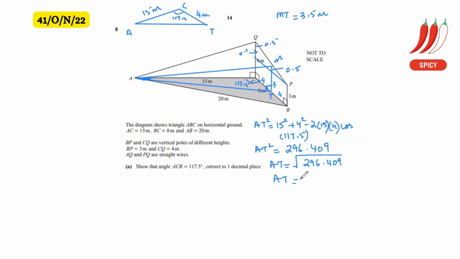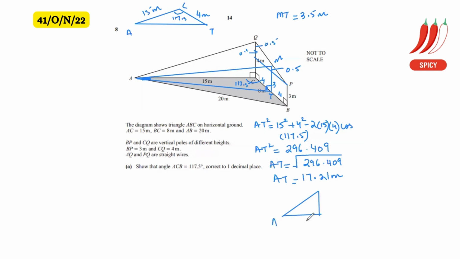and that gives us 17.21 meters. Now using 17.21 meters and the 3.5 meters, we can use this right angle triangle to find the angle. So we have the opposite, which is 3.5. We have the adjacent, which is 17.21. Let me just draw that triangle as well.